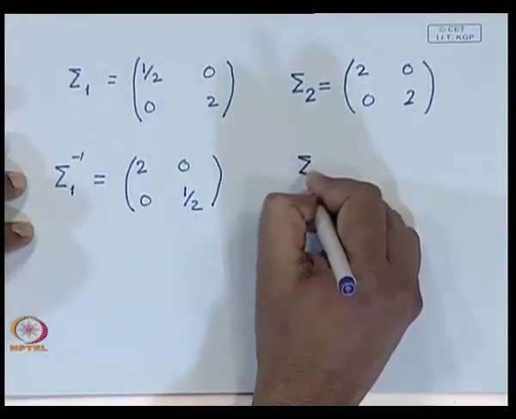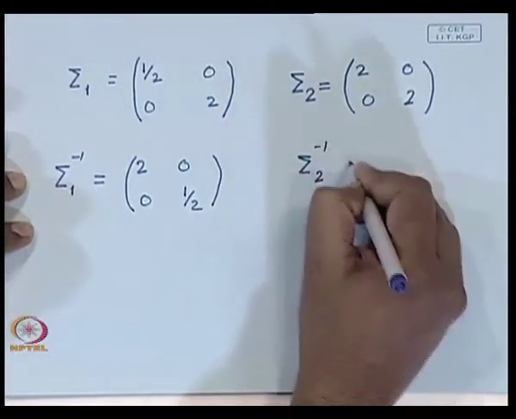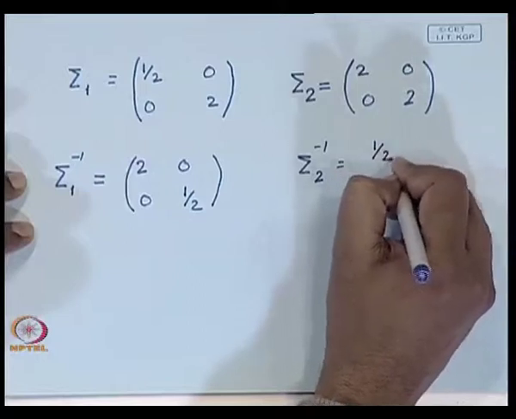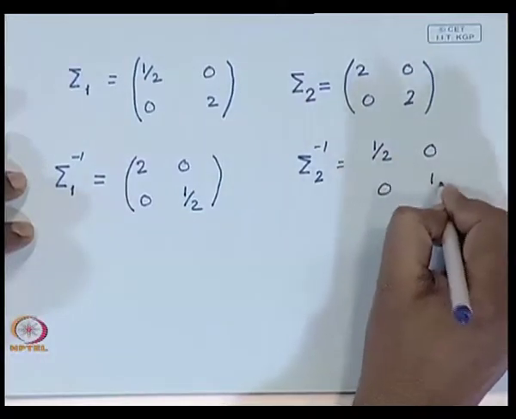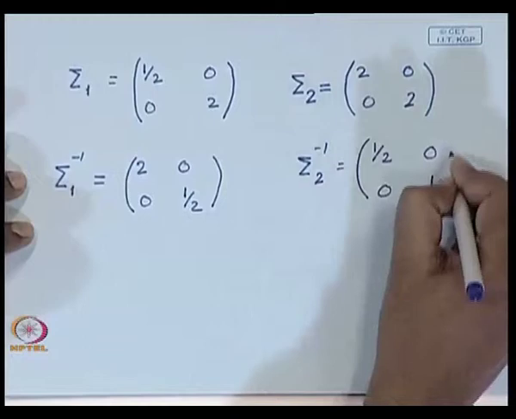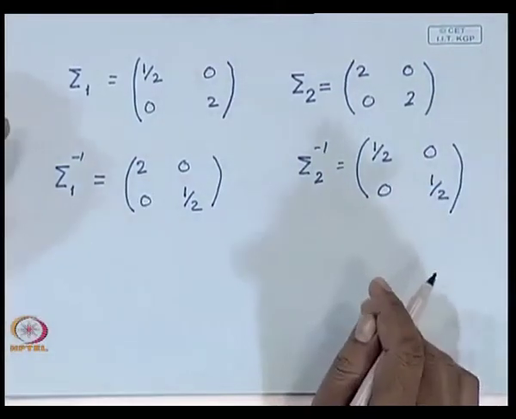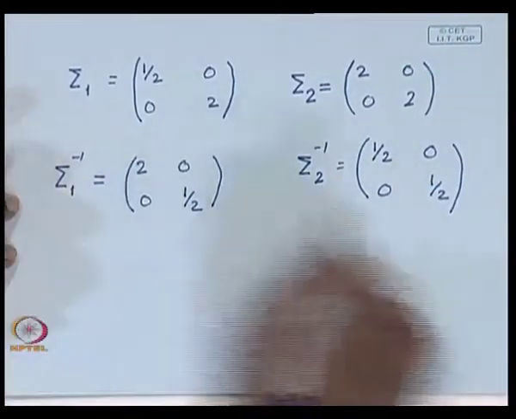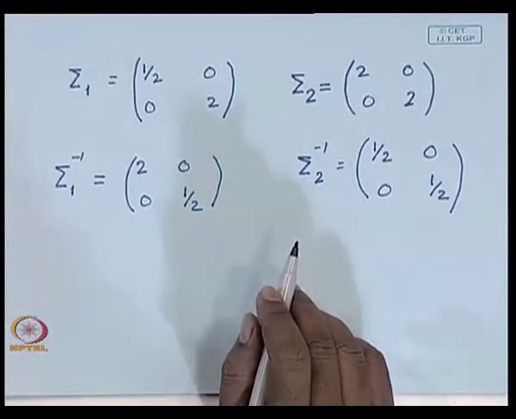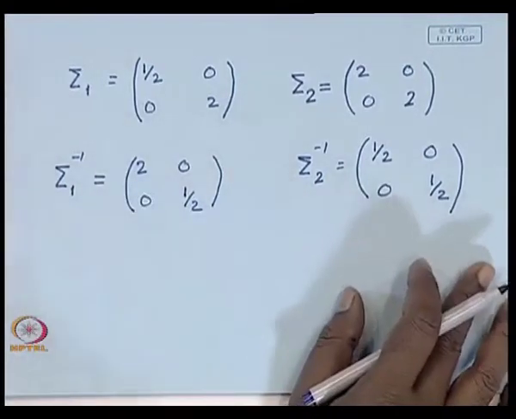From here you can compute sigma 2 inverse, which is nothing but half 0 0 and half. So, these are the inverses of the covariance matrices.